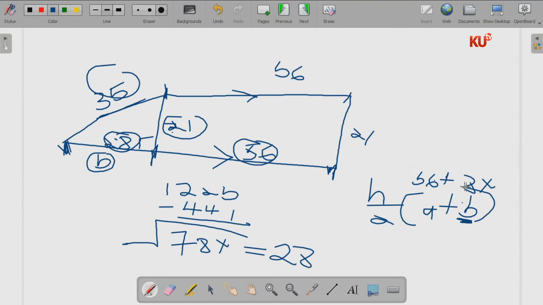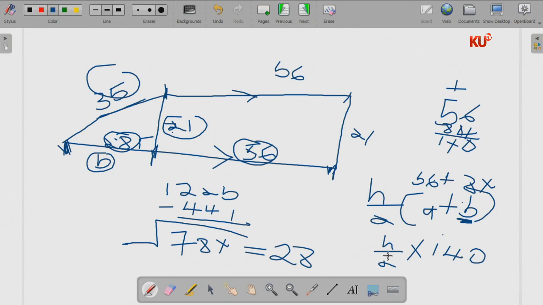When you add 56 plus 84, you will get 140.